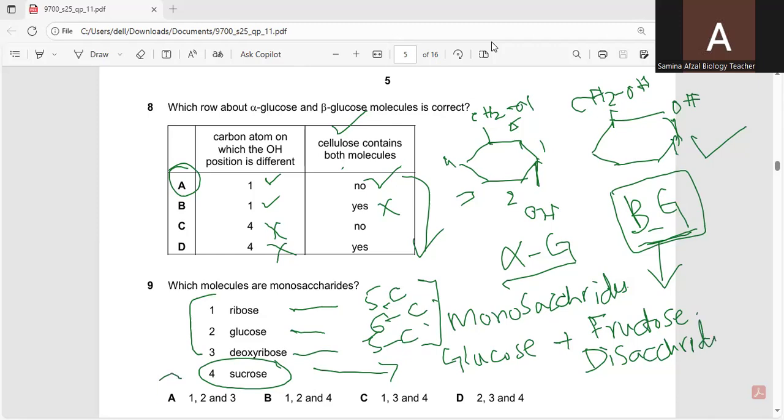So according to this, A is the correct option.